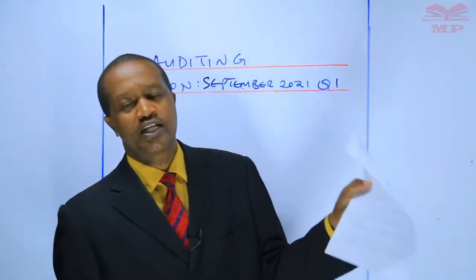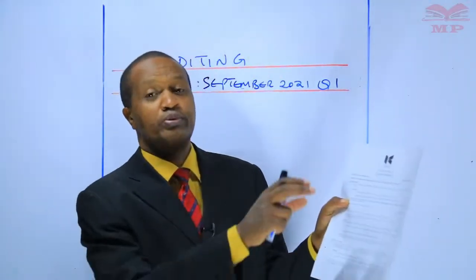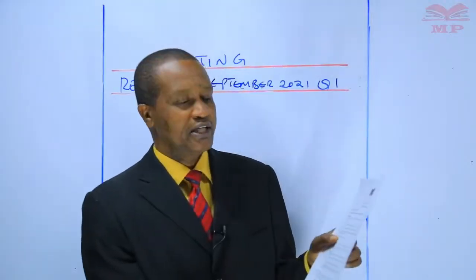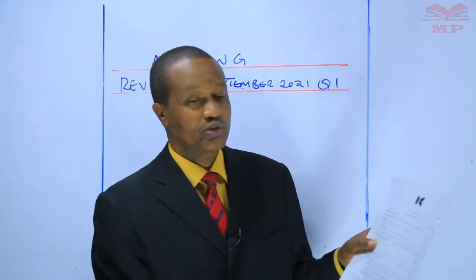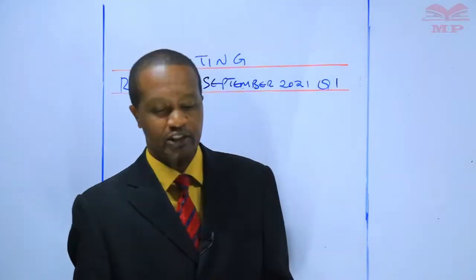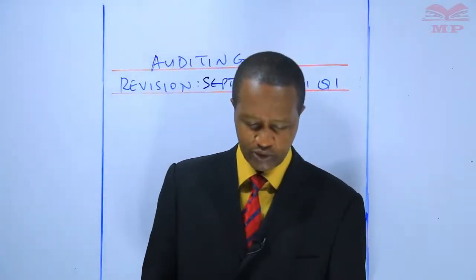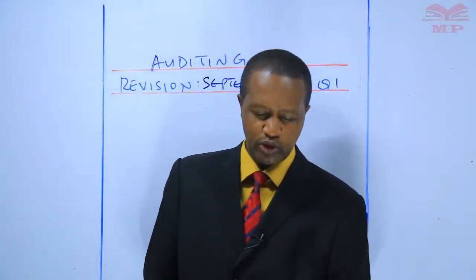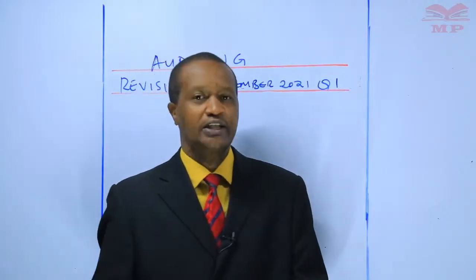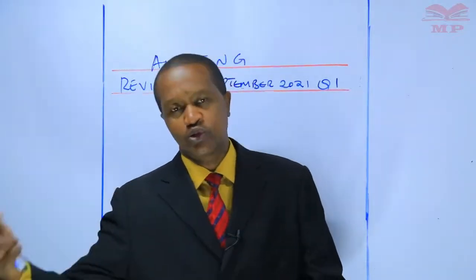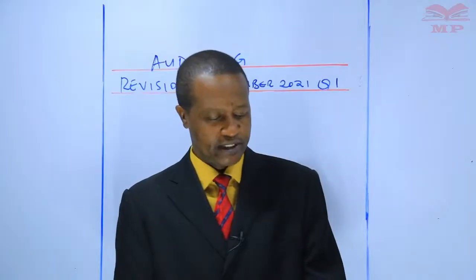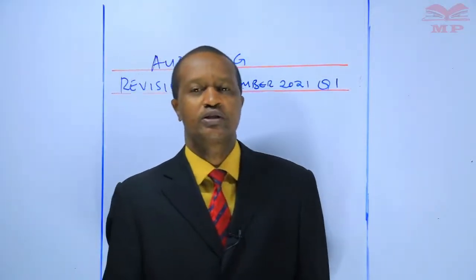These questions are at your disposal. Make sure you print the question paper and ensure that you've attempted the questions before coming to this session. In today's lesson, allow me to do only question 1. Then in our next session, we'll proceed to question 2 until we complete the 5 questions.